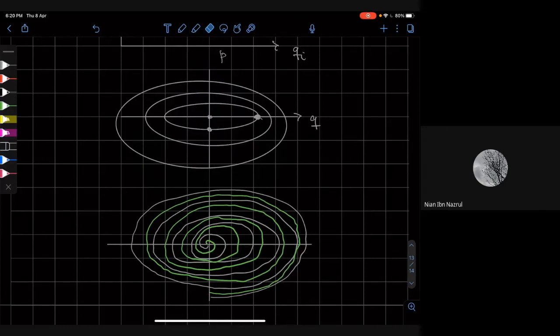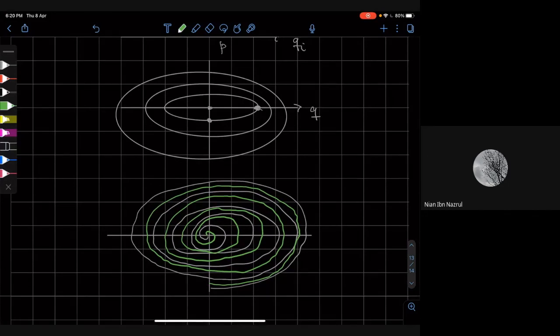So if q is increasing, p in that direction should be decreasing, right? So it should be like this. It should be like this, right?